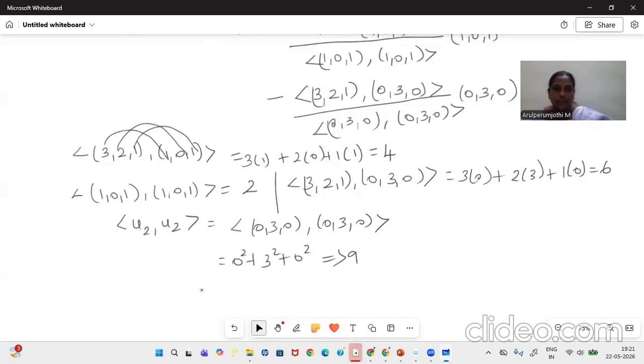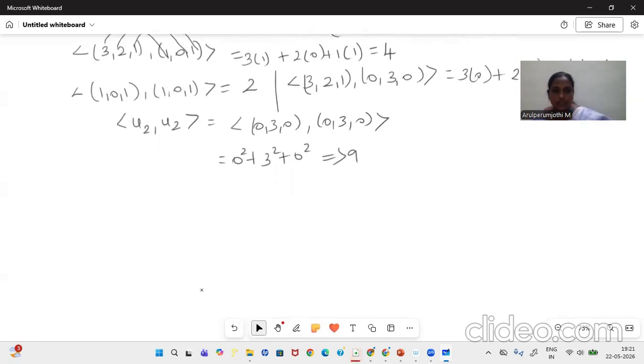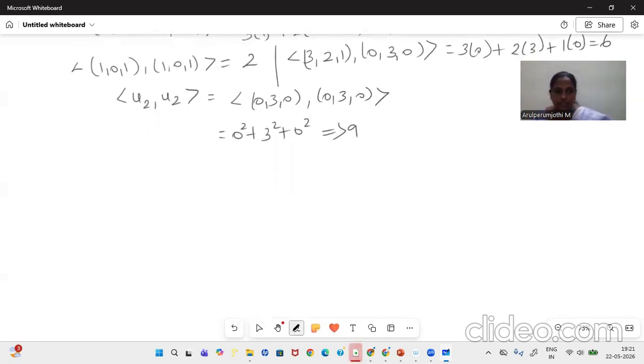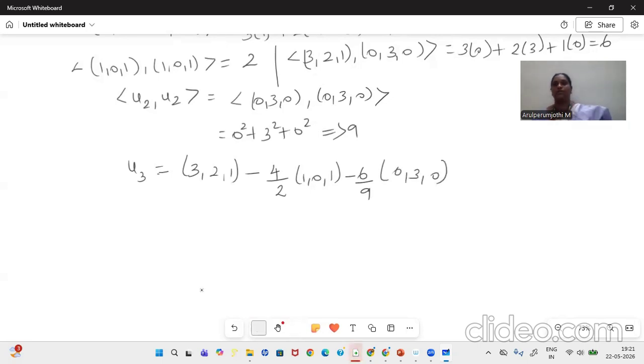Okay, so now we found everything and we'll substitute. So u3 is equal to v3. What is your v3? This (3, 2, 1) minus the numerator is 4 and the denominator is 2, and your u1 is (1, 0, 1), minus 6 by 9 into (0, 3, 0).